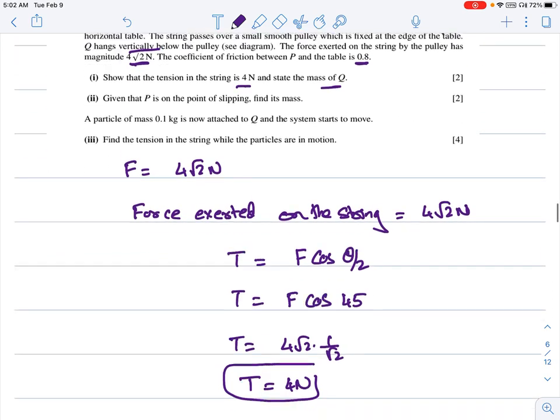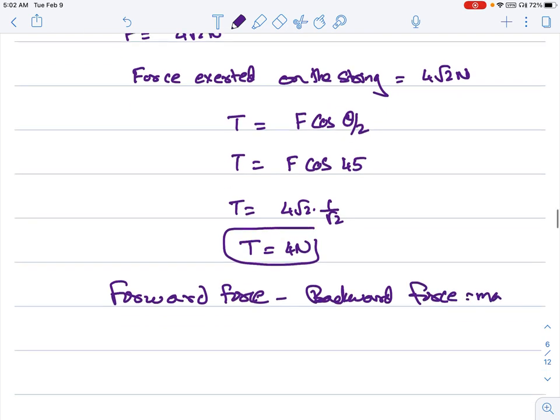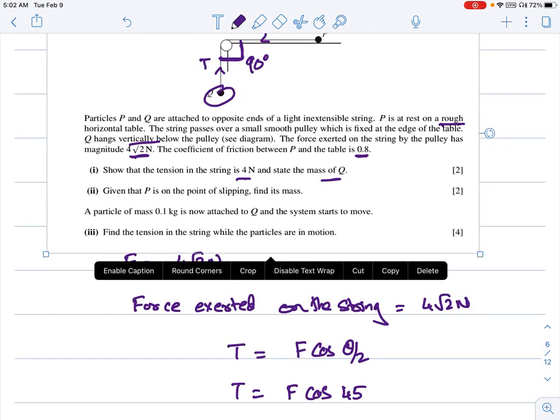We know that again, forward force minus backward force is equal to ma. So the forward force, it is falling down because of its weight, mg, minus the backward force, the tension, is equal to, it is in equilibrium, I think. So you need to read that question carefully.